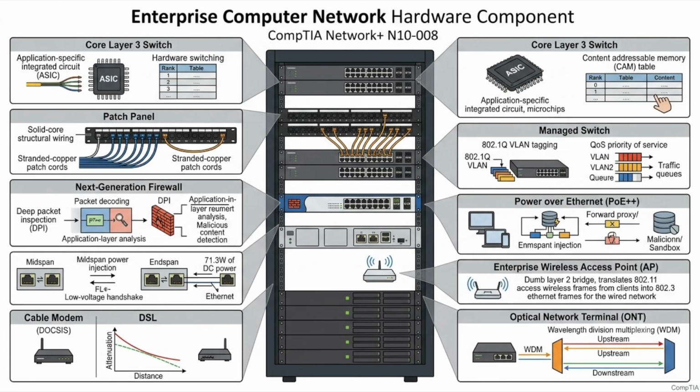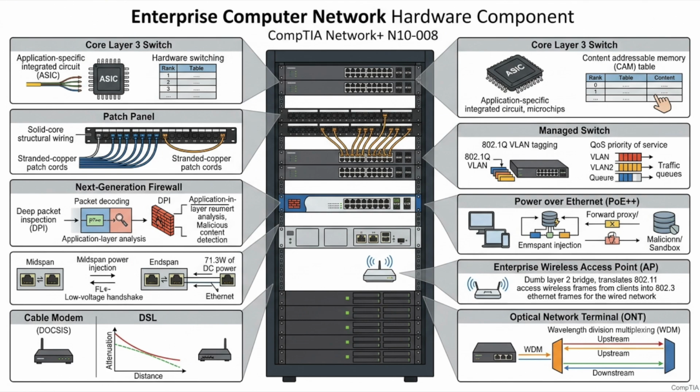What's fascinating here is how this vulnerability forced the evolution into next-generation firewalls, utilizing deep packet inspection. Right. To use a medical analogy, if a traditional firewall is like a security guard checking IDs at the hospital entrance, a next-generation firewall is an MRI machine. Oh, I love that. It's actively scanning the biological makeup of the data. Precisely.